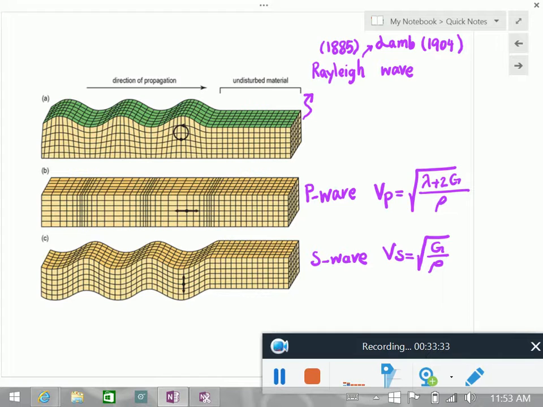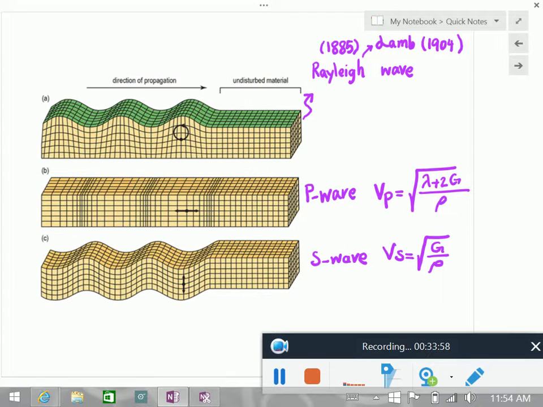Because of that, you can see that you have both components. You have a shear component. Look at the elements: you can see that they are distorted, and the angles are not necessarily 90 degrees. So you have a shear component, and you also have a compressional wave component.